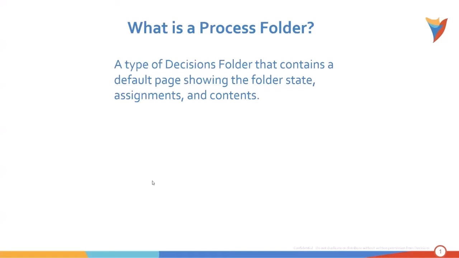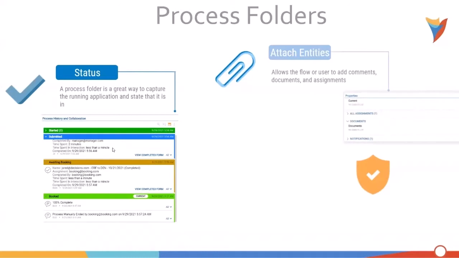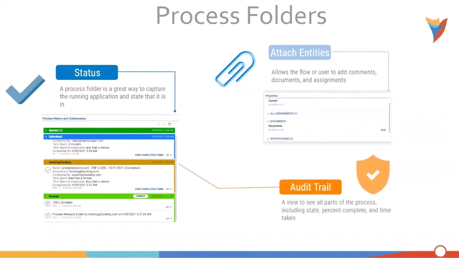So the contents of a process folder may include tracking for any current assignments that are active and tied to the process, stored documents, configured notifications, specific account permission. So you have these statuses that you see over here, which shows exactly when the application was started, when it was submitted, what the current status is, or previous status.